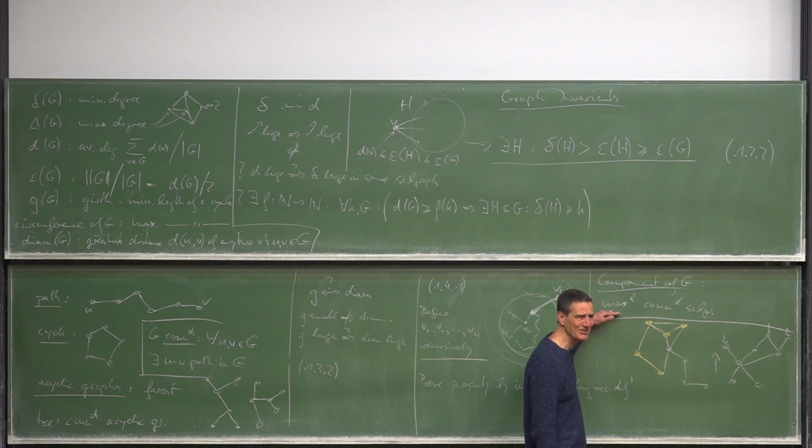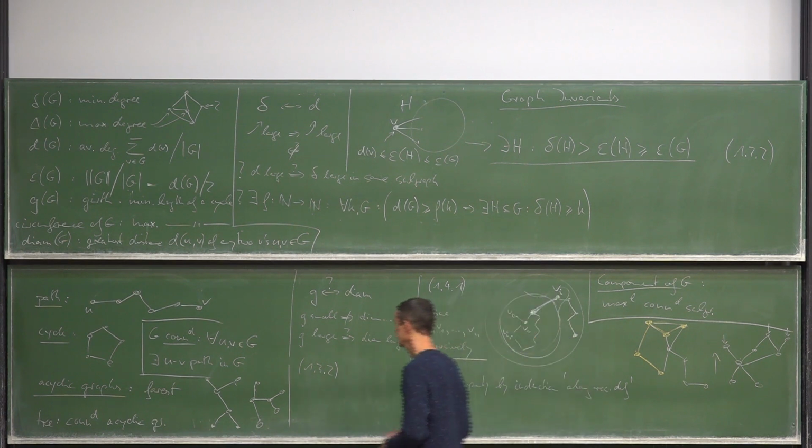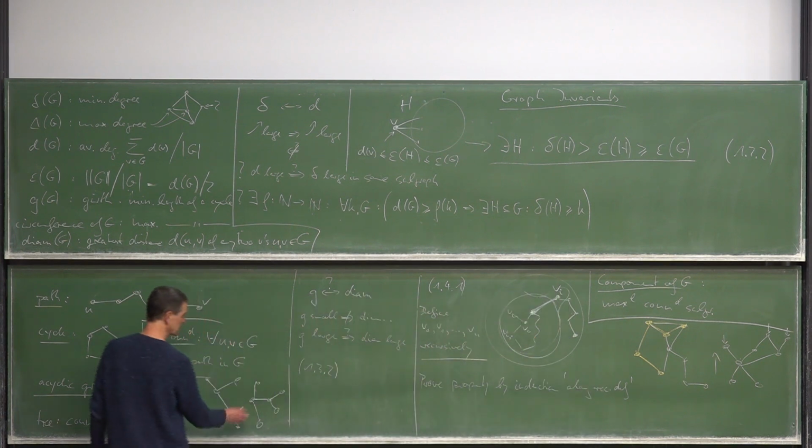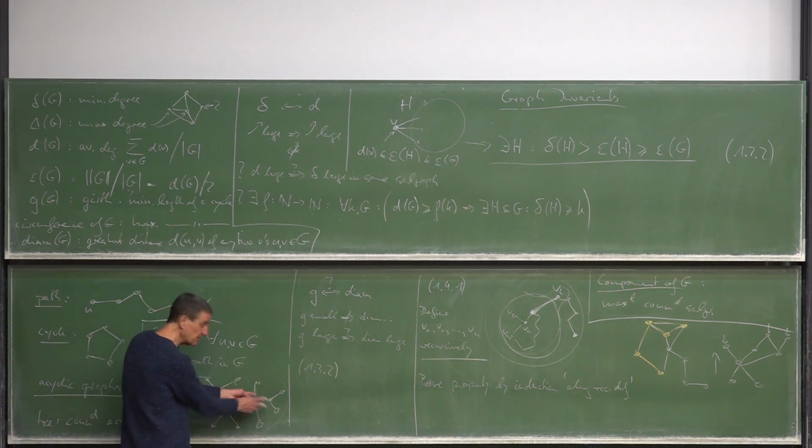What do these things look like? Well, here, this graph has 2 components. This is connected. Is it a component? Yes, because any subgraph that properly contains this as a subgraph is disconnected. This is maximal in the partially ordered set of connected subgraphs because there does not exist a connected subgraph of G that contains this properly.